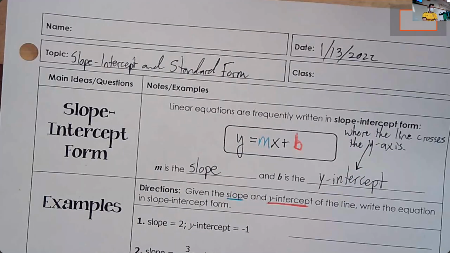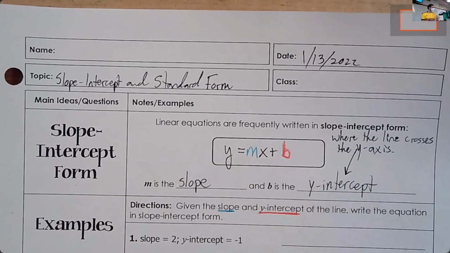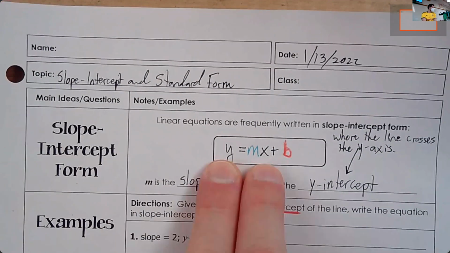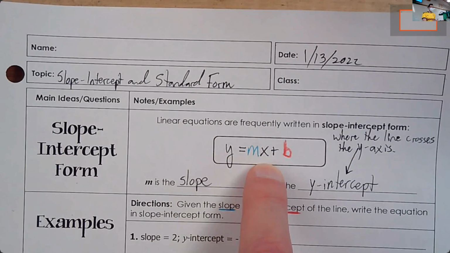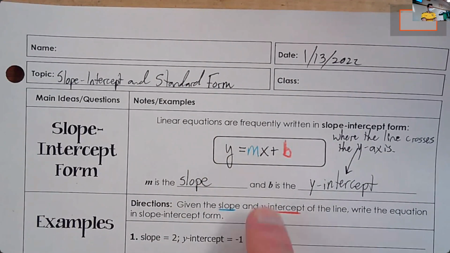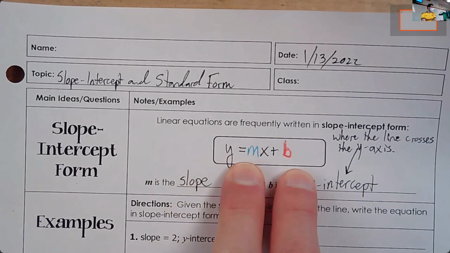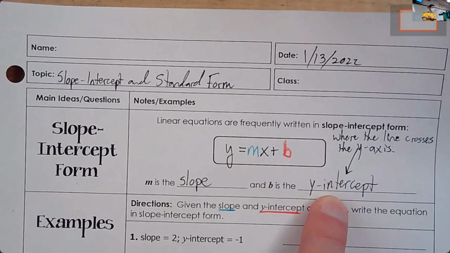X and y remain x and y when we write these equations. X and y represent any possible x or y coordinate, so when we write the general equation for a line, we don't use any numbers for x and y, at least not to begin with. We will eventually get to plug in numbers for x and y, but we're not going to do that today. So we're just going to leave these as x and y, which is why I left them black. The only numbers we are plugging in here are numbers for m, the slope, and b, the y-intercept.